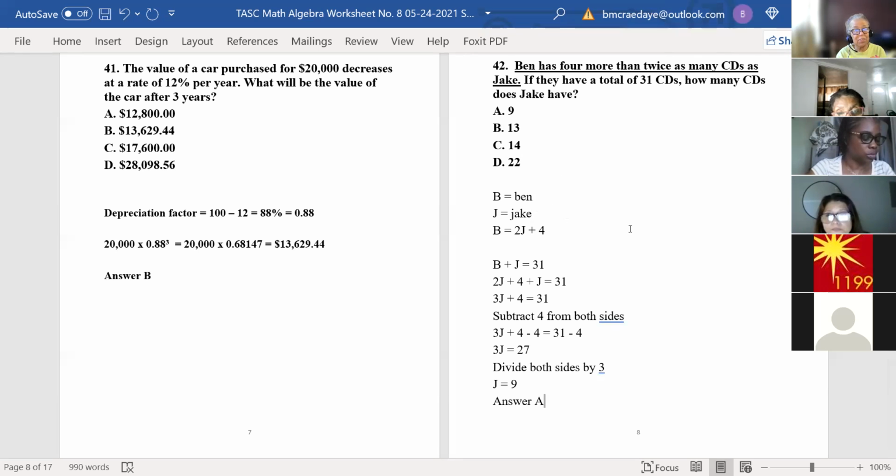And we know the total is 31. Ben plus J CDs equal 31. Then for Ben, I can put this 2J plus 4. Plus J is 31. Now I have only one unknown, that's J, and solving for J, we get 9.